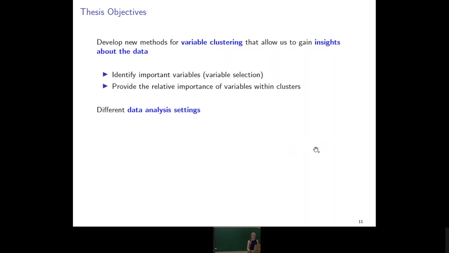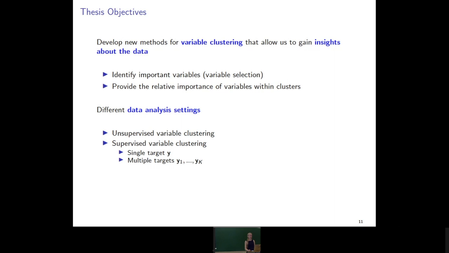We looked at variable clustering in a couple different data analysis settings, first in the unsupervised setting, and then next in the supervised setting, where we looked at the case where there's a single target variable and the case where there are multiple target variables. And all of these analyses were inspired by problems that are coming from the fields of omics, ecology, and psychology.